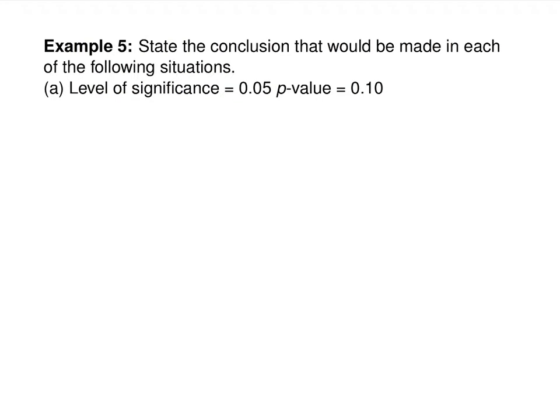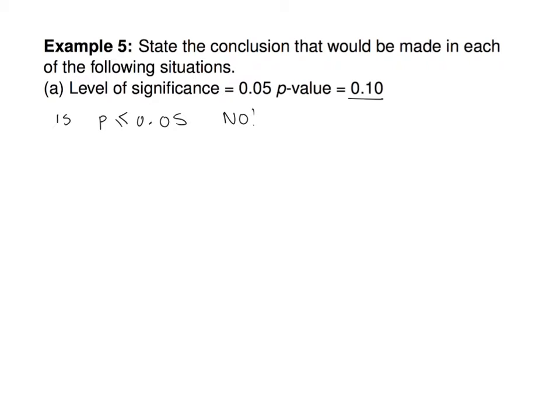All right. So if my level of significance is 0.05 and my p-value came out to be 0.10, could you reject H naught or would you fail to reject H naught? The question you ask yourself is, is p less than or equal to 0.05, yes or no? So is 0.1 less than 0.05?